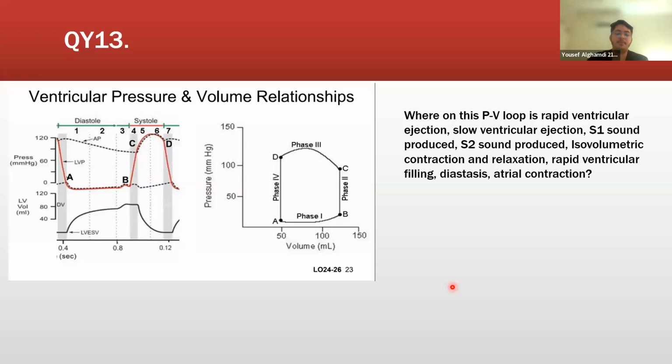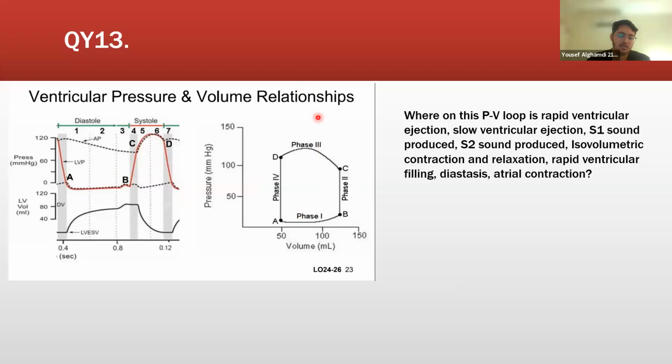Okay, if I told you to pinpoint where is rapid ejection, what would you say? 5 and 6 respectively. If we make it on the left diagram, let's look here. Only on the PV loop. Okay, but I guess it's the same thing, right?